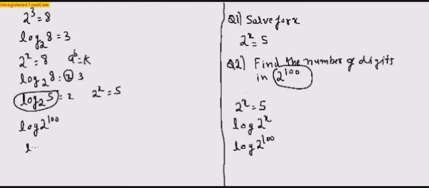What I will do is keep the base constant, say log base 2 of 5 into 2, that is log base 2 of 10. This becomes log base 2 of 5 plus log base 2 of 2.